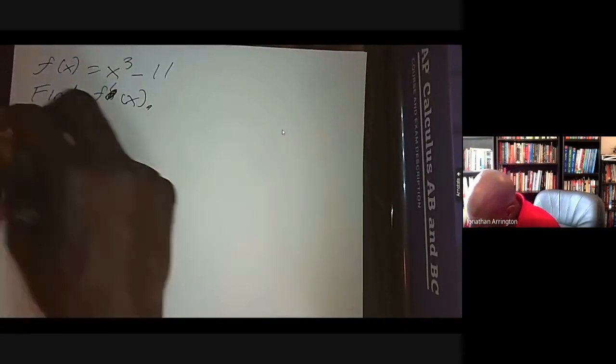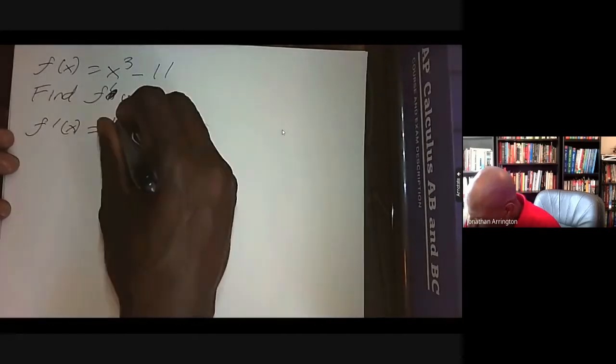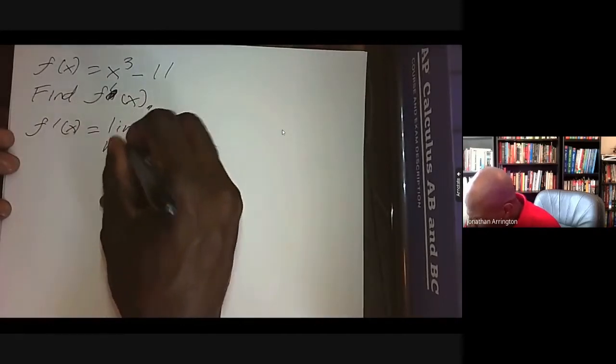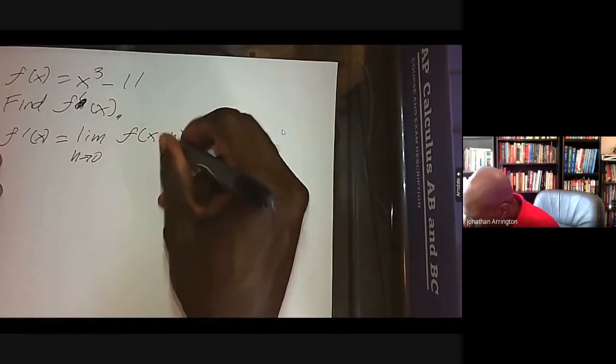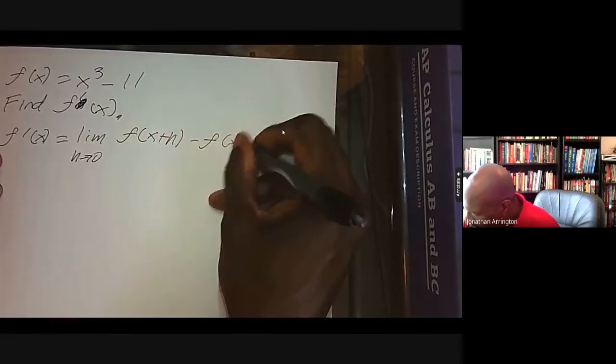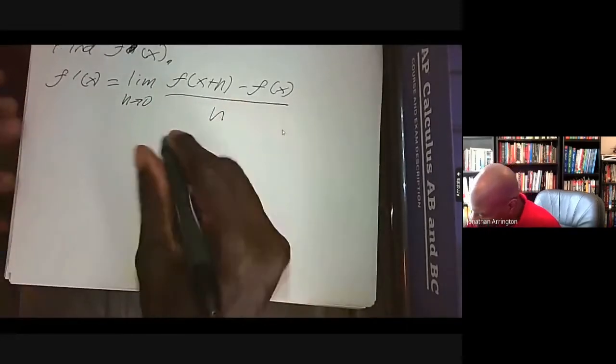Of course, f prime of x is the limit as h goes to 0 of f of x plus h minus f of x over h. So I need to figure out what f of x plus h is.